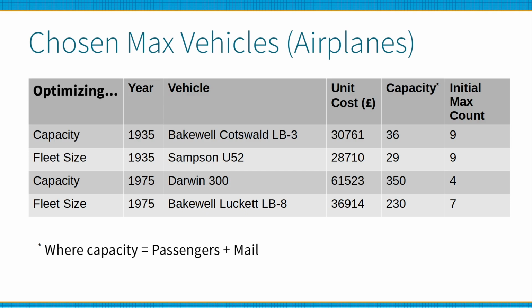The Samson U2, slightly less, has actually got an initial count of 10, not 9. But then in 1975, we also have the Darwin 300, which is the 747 analog. It's got a lot of capacity in it. And for the fleet size, we have the Bakewell Luckett LB8.